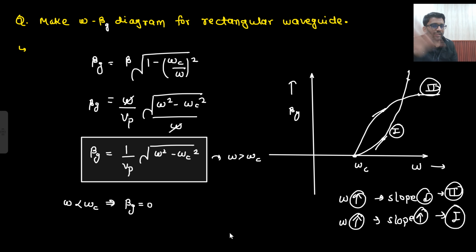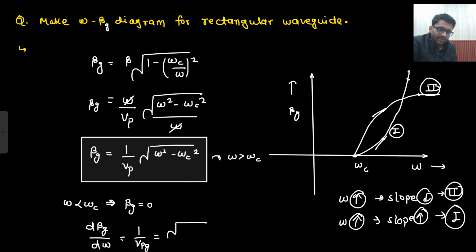Del beta g divided by del omega. Just find that. What will you get? What is this, by the way? 1 by Vg. And what would be the formula of 1 by Vg? Vp under root omega square.